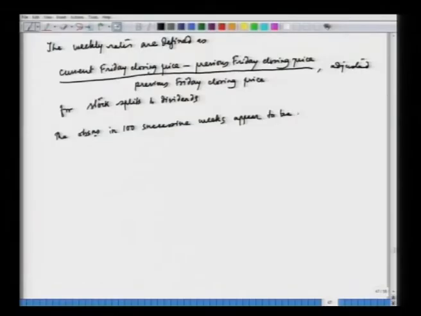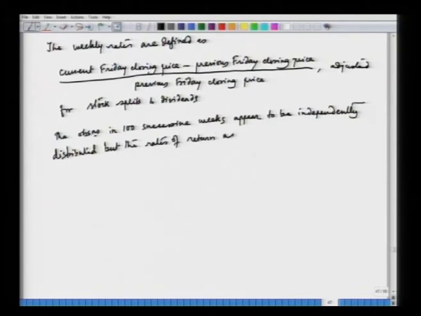The price of one will influence the price of the other and so on, but over the period these are all independent observations. So, the observations in 100 successive weeks appear to be independently distributed, but the rates of return across stocks are correlated, for a fixed time point.